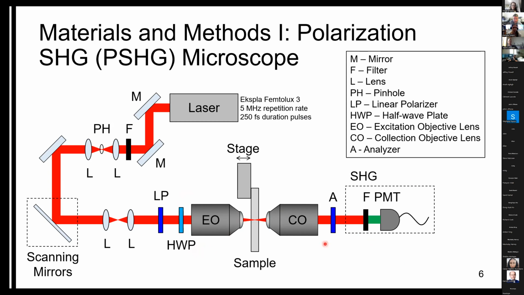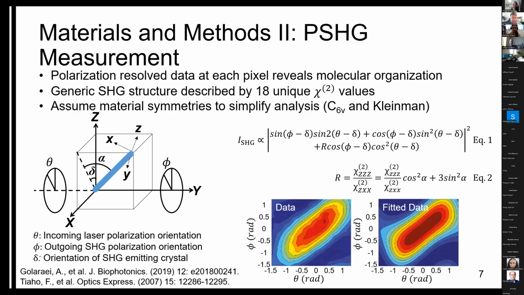And we also measure the outgoing polarization of the SHG signal by rotating a polarizer known as the analyzer in a motorized rotation mount just after the collection objective lens. And so the technique that we use is called polarization in, polarization out, or PPO SHG microscopy, where a measurement consists of recording 64 SHG images at different combinations of half wave plate and analyzer angles.